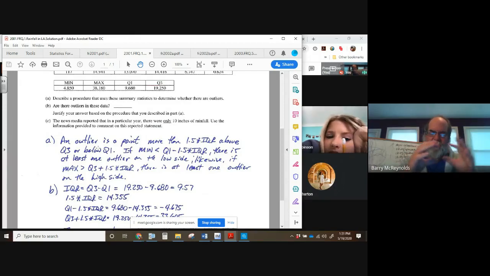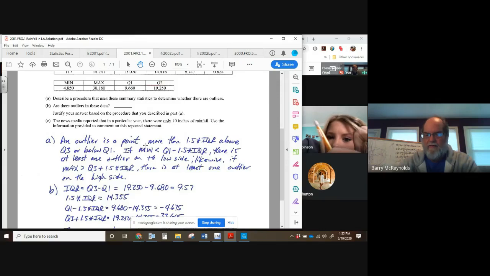The box contains 50% of the data. Outside the box to the low side is 25% of the data, and outside the box to the high side is the remaining 25% of the data. And so part A, we just define how to describe an outlier.